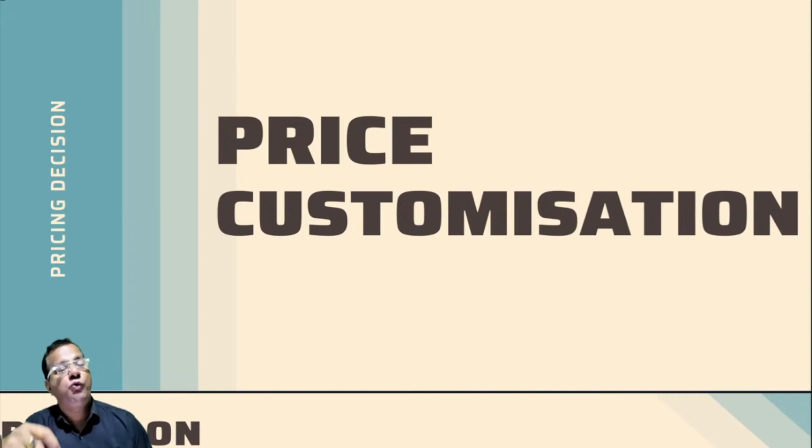Now, if we want to discriminate the price, if we want to do price discrimination, then that terminology is known as price customization. If we want to differentiate the price, then it is called as price customization. Please write down in next line.